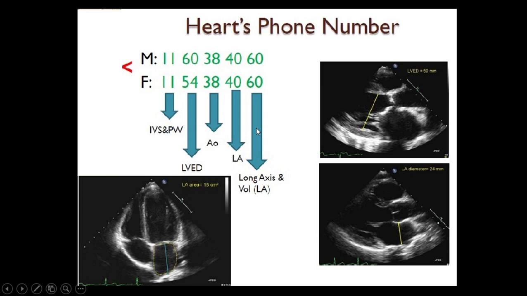The normal left atrial volume index should be less than 34 milliliters per square meter, and for left ventricular volume it is 75 milliliters per square meter. Those numbers we usually use based on body surface area. We have to calculate it, or when we enter the height and weight of the patient, the machine calculates it for us on the report.